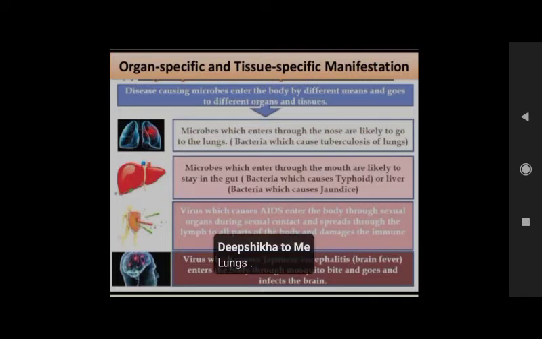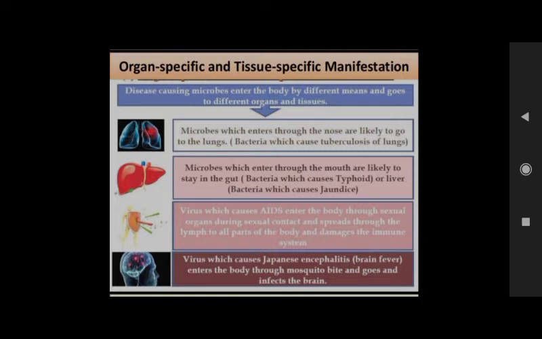Very good. So if the entry point is the nose, then the organ likely to get infected is the lung. For example, if you are talking about TB, tuberculosis, it is caused by bacteria and it affects the respiratory organ, that is the lung.